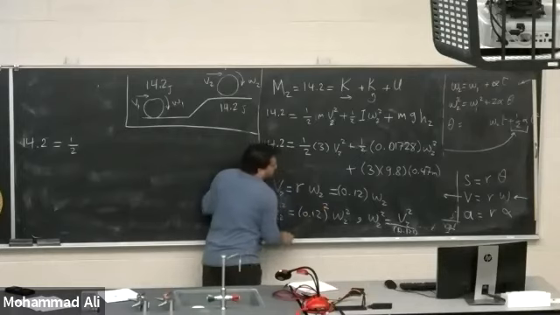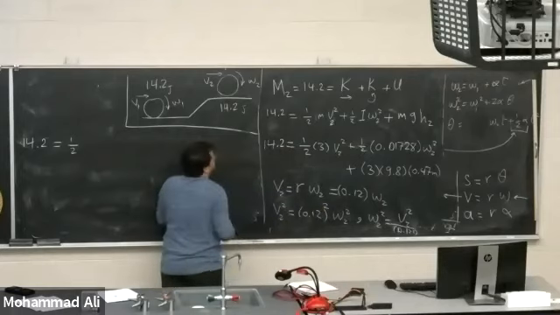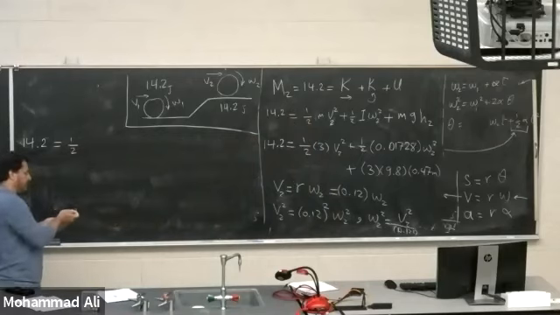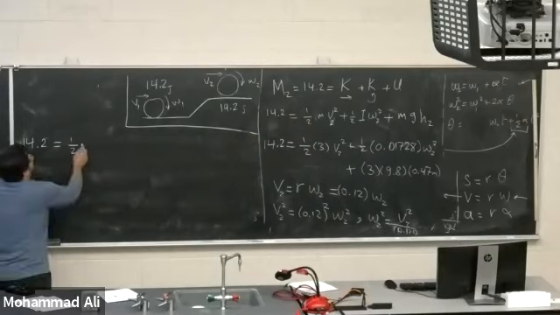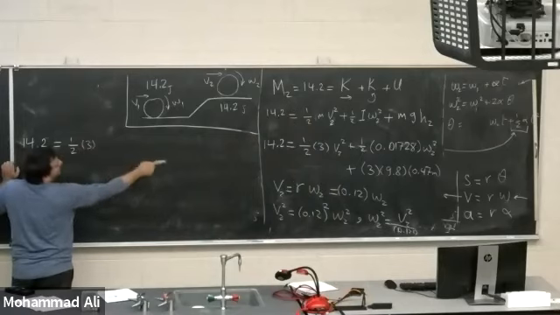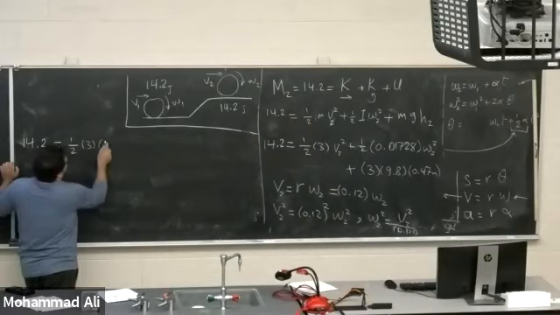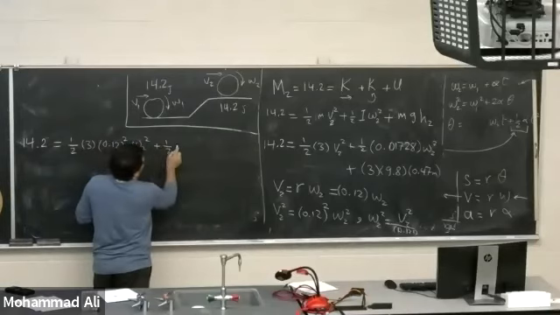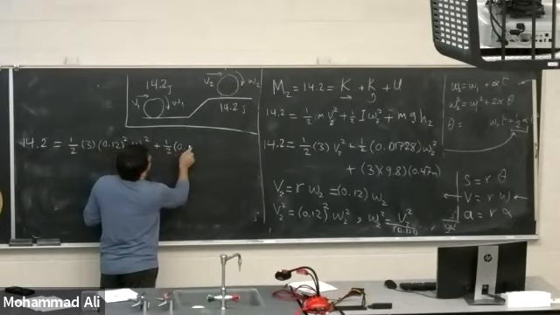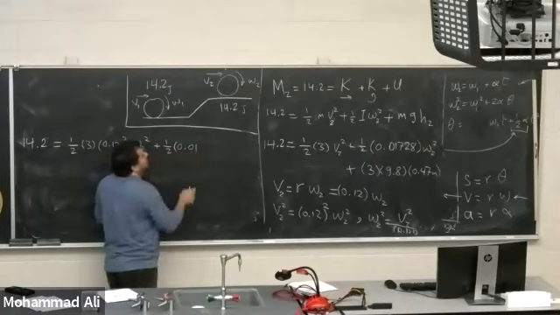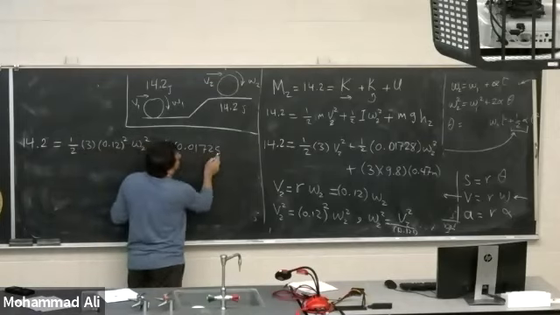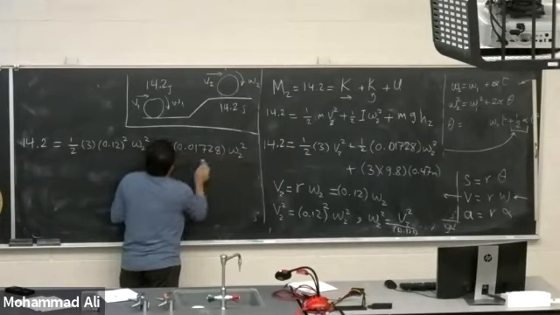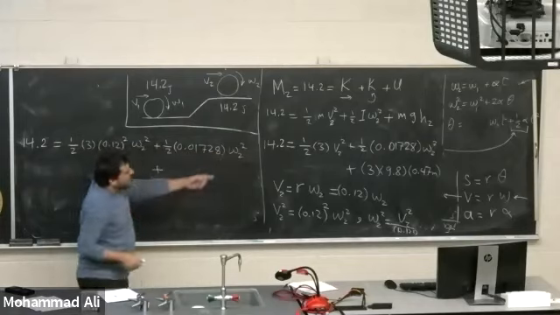This should be squared also, because we need to square everything. Multiplied by 3. V2 squared, it is 0.12 squared, omega 2 squared, plus 1/2. I, it is 1.01. I am solving step by step, slowly, just to show you. Omega 2 squared plus the potential energy.